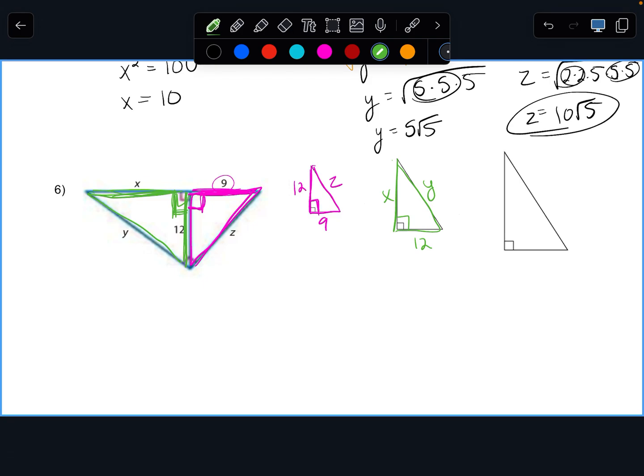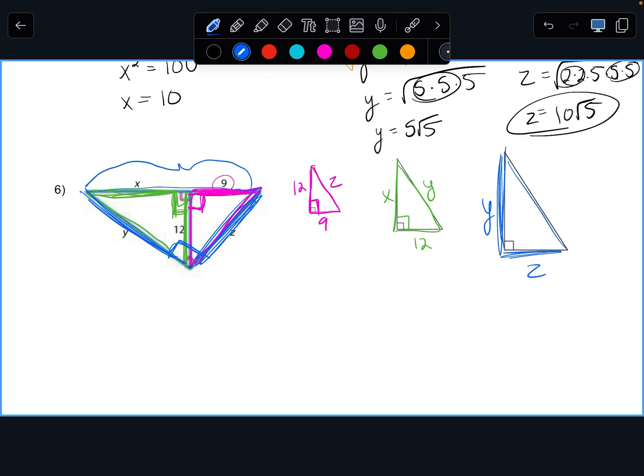So 12 is the short, the long leg is x, and the hypotenuse is y, and then the giant. So that's short leg z, long leg y, and hypotenuse is 9 plus x, if you were that kid on the quiz.